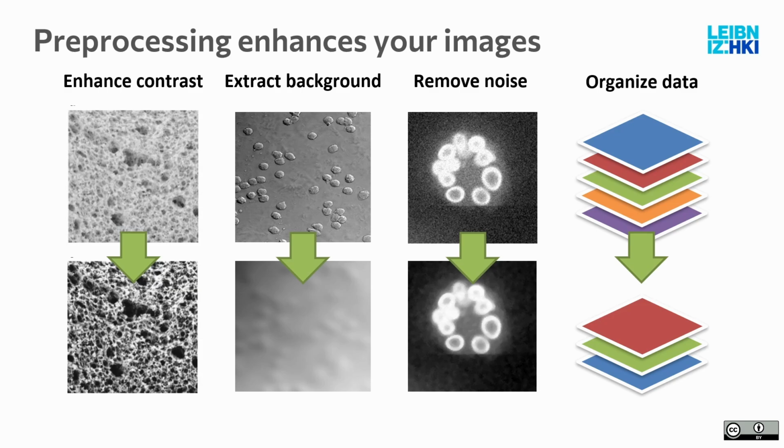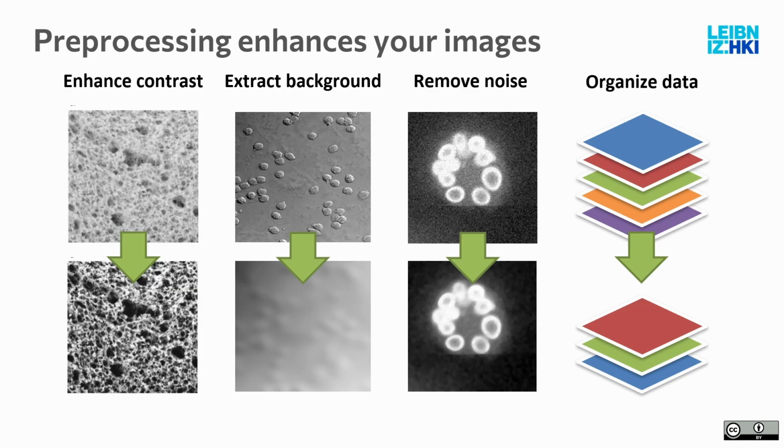If you are interested in the background here, there is an operator that tries to estimate the background from this image, and in turn it can also subtract this away, so you are left with the cells. Then there are operations that remove the noise. You see here it's a bit grainy around this cluster of spores, and the operations smooth this out, which later makes your analysis easier.